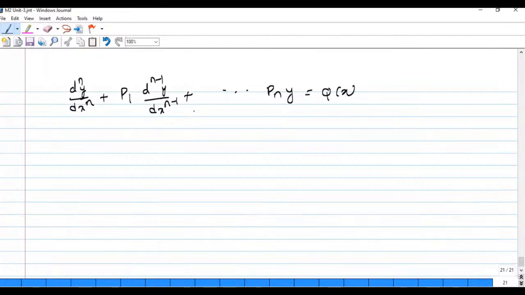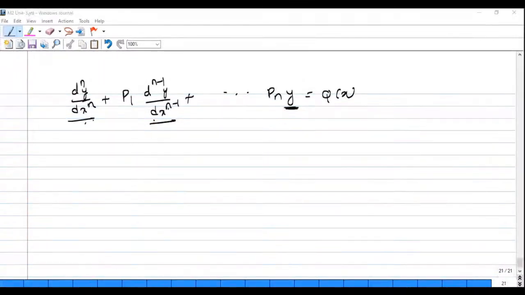So this equation is called a linear differential equation of order n, because the degree of the dependent variable and its derivatives is 1, and no product of the dependent variable and its derivatives, or of two derivatives, exists in this equation.